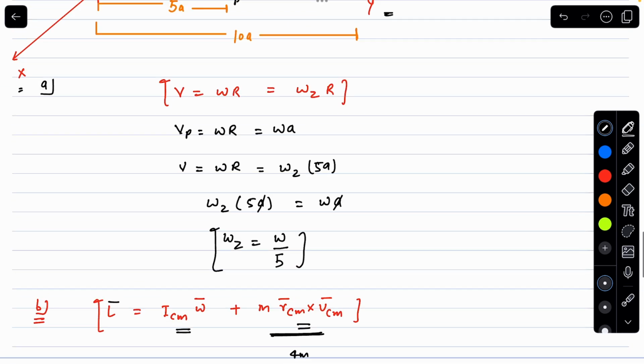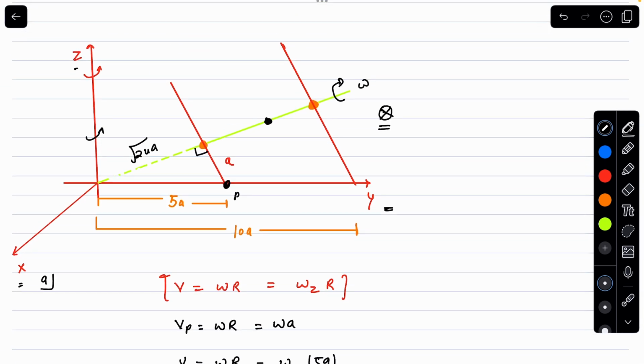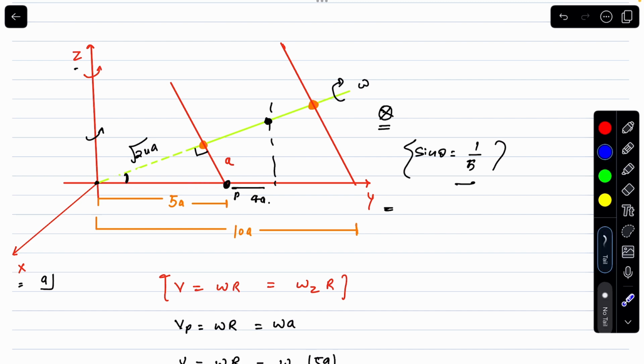Because the location of the center of mass from this point is 5a, and we just calculated this distance is 4a, so this is 9a. We know this sine theta is the perpendicular divided by the hypotenuse, so sine theta is 1 by 5. Then tan theta is 1 by root 24.